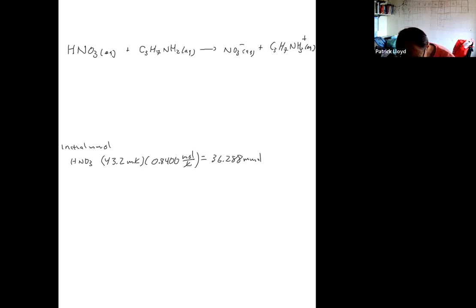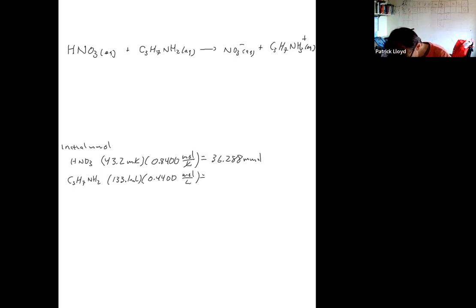So now let's do the propylamine. It's a larger volume, 133.1, but a lower concentration, 0.44. Look what happens when we do this calculation. 133.1 times 0.44.